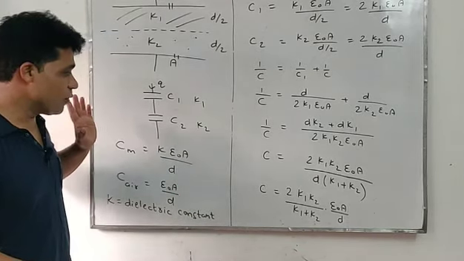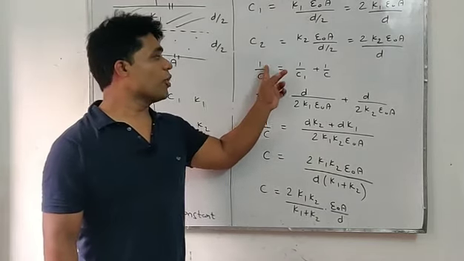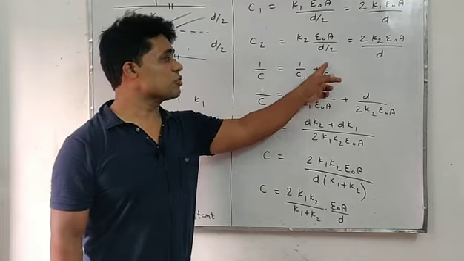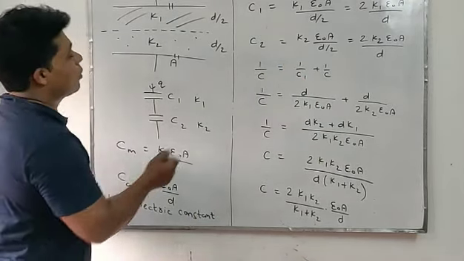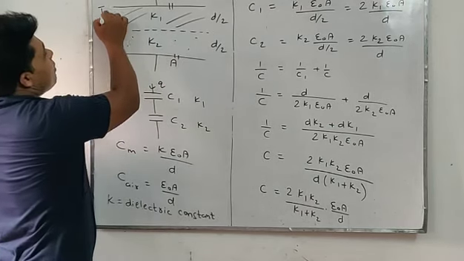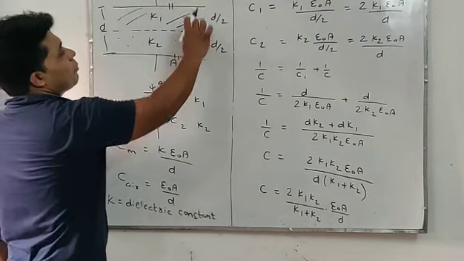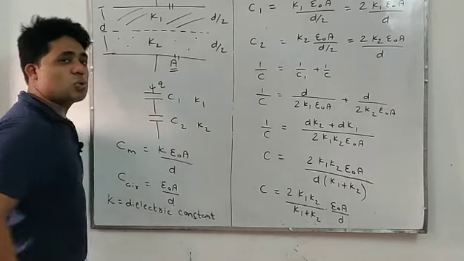We know the total capacitance in series combination is 1 upon C equals 1 upon C1 plus 1 upon C2. Before that, when we divide horizontally, the separation between the plates becomes D by 2 and D by 2. This time the area remains constant.